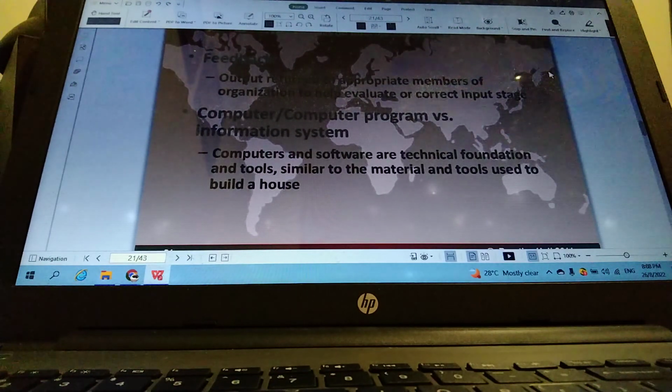Computers, or today we call them devices, because in those days we only had computers, but today we don't call them just computers alone because we have all kinds of devices, smart devices such as your handphone, even your TV.